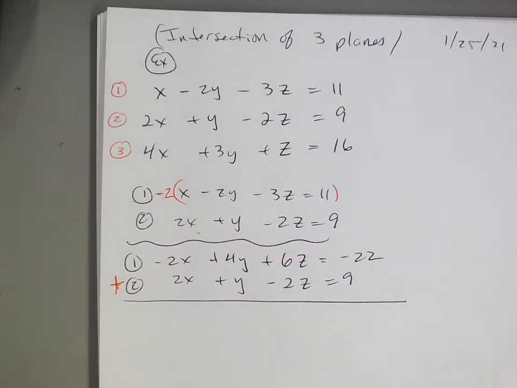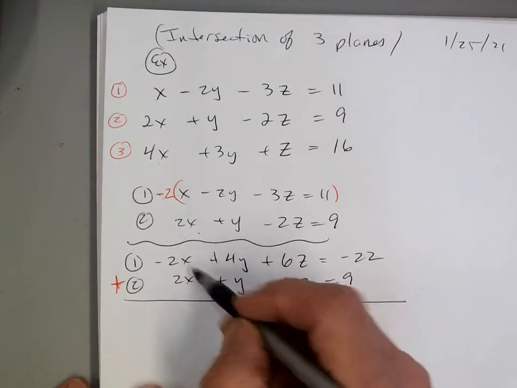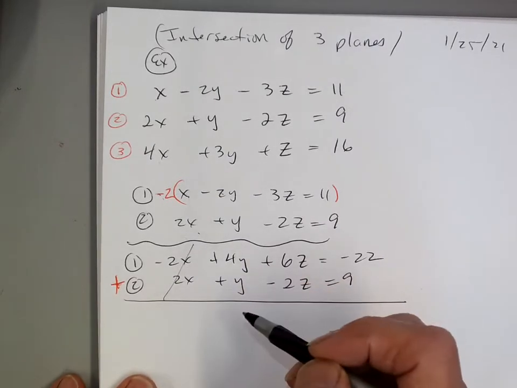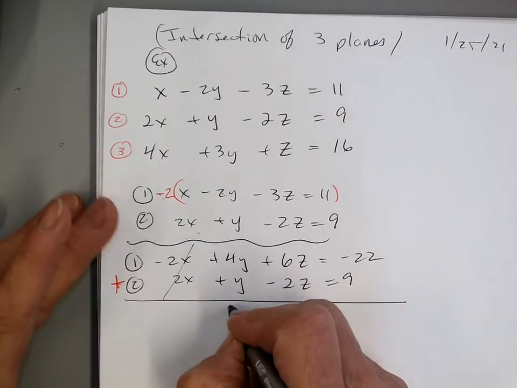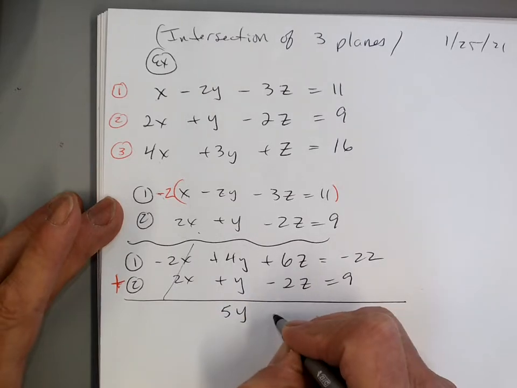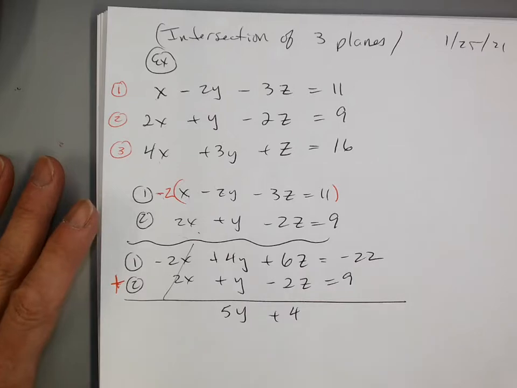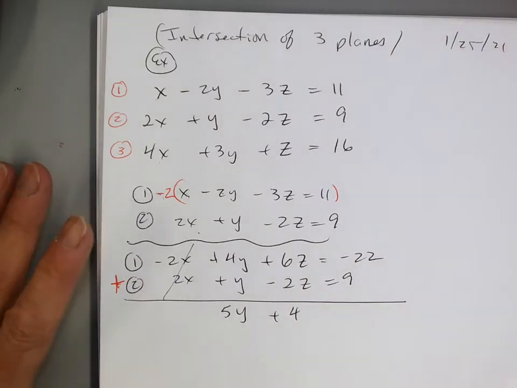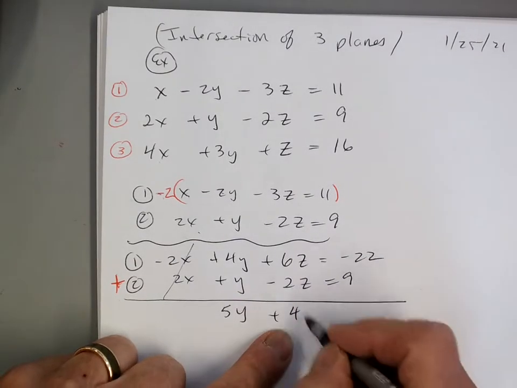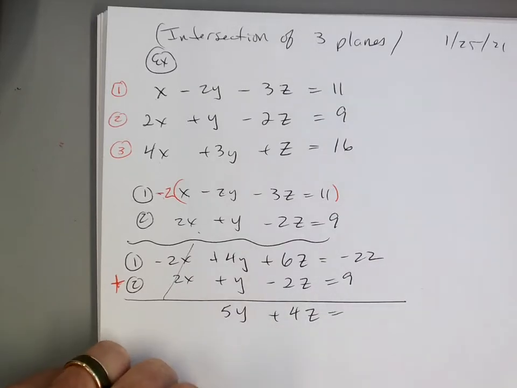How am I doing? Slow down for a second. So my goal is to eliminate any variable, any of them, right? So what I'm going to do is eliminate x. So if I cancel it out, adds right down, boom. Okay, so now I get a 5y plus 4z equals, let's see, what's negative 22 and 9?